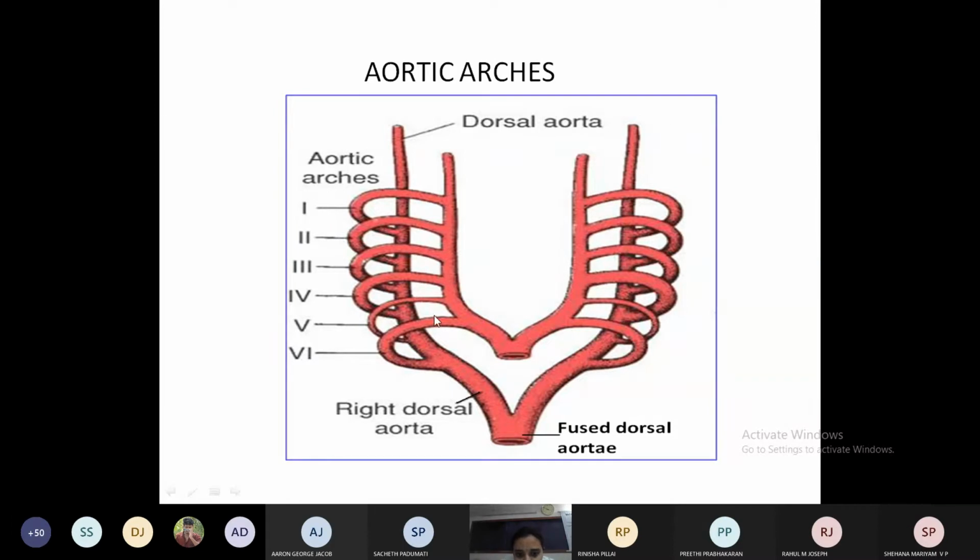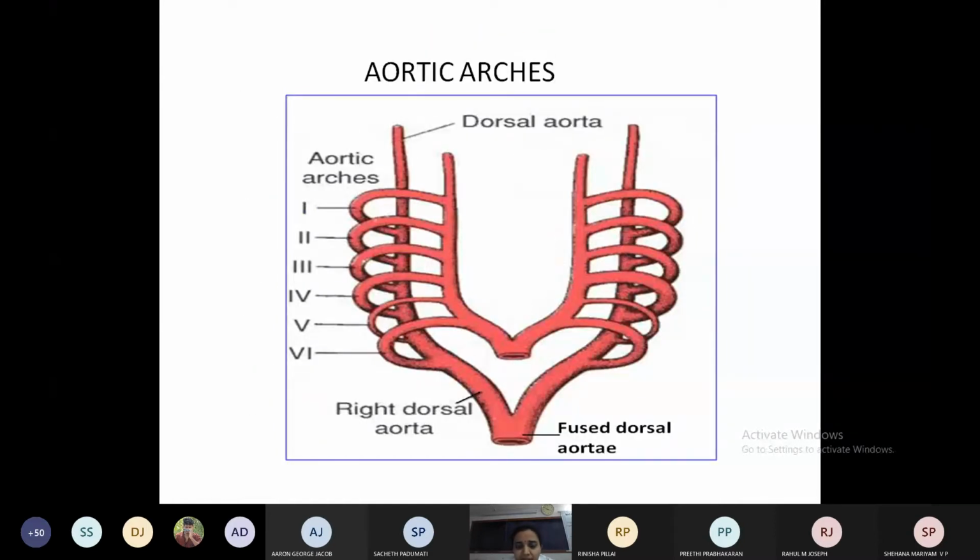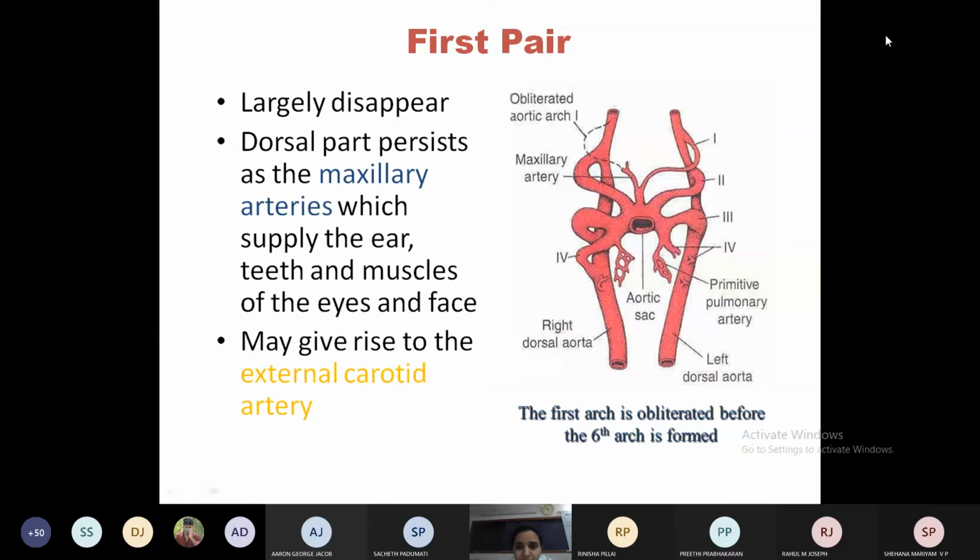Once the lower ones develop, the upper ones will differentiate. So you don't get all the aortic arches at the same time. So we'll discuss which arch will form which part of the adult circulatory system, which vessel. The first pair, most of it will disappear, only part of it persists as maxillary artery.